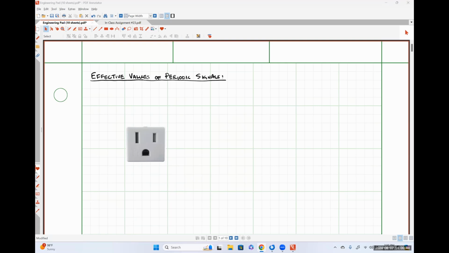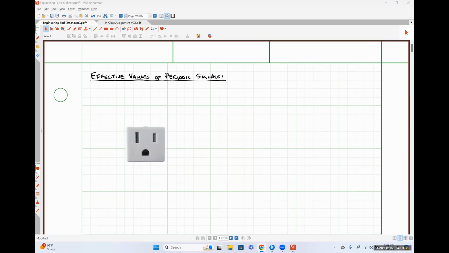Anyway, a NEMA 5-15 receptacle like we may find in our homes. This is probably the most commonly used receptacle in North America, or at least in the United States. The ones in your house may not have this rectangular form factor. They might be kind of oval shaped, but hopefully every one of you can look around from where you're sitting right now and see a receptacle that looks something like this.